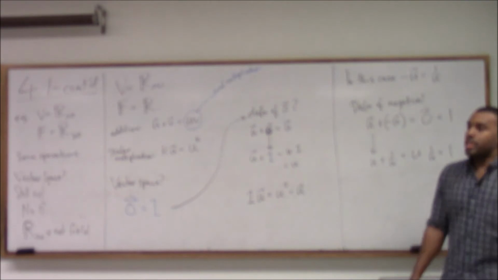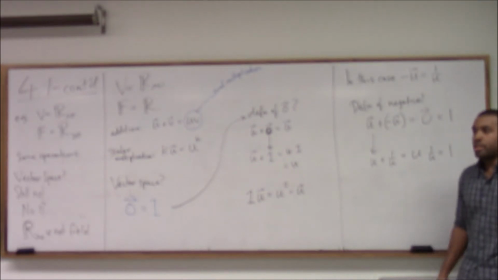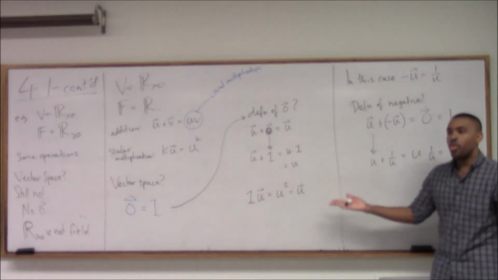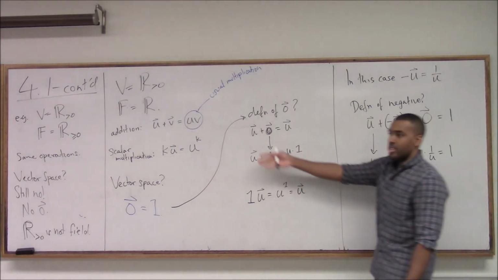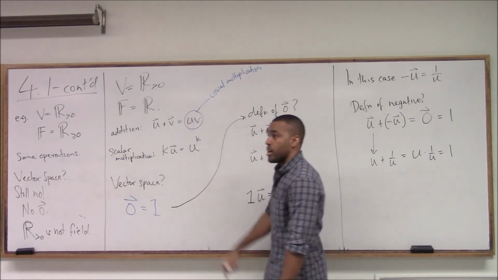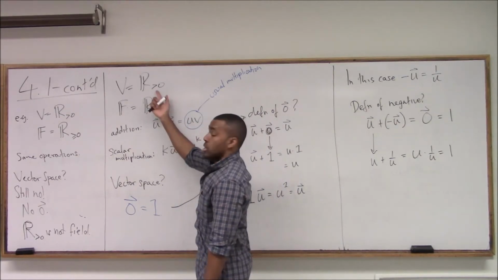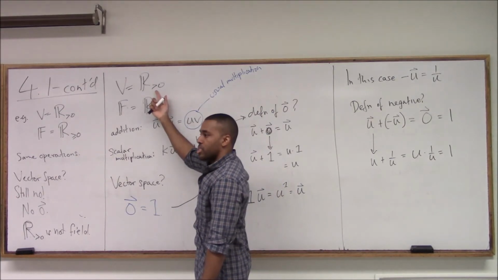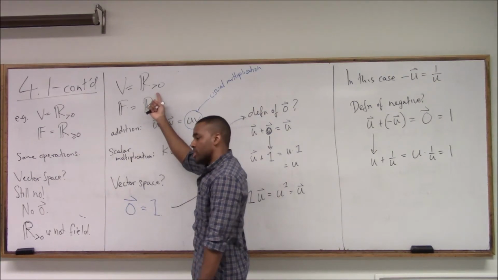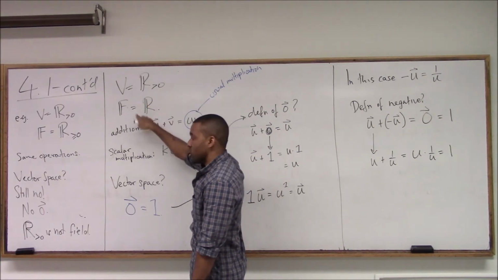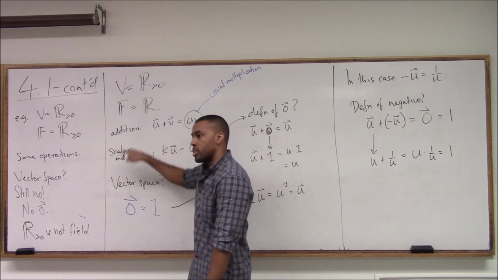All right, so when I say pay attention to the definition, this is what I mean. Don't assume you know what 0 means. Don't assume you know what 1 means. It depends on the operations that are defined. So before, positive real numbers was not a vector space in my previous two examples, but now it is, because the set alone is not the only thing that matters. It matters what your field is and what your operations are doing.